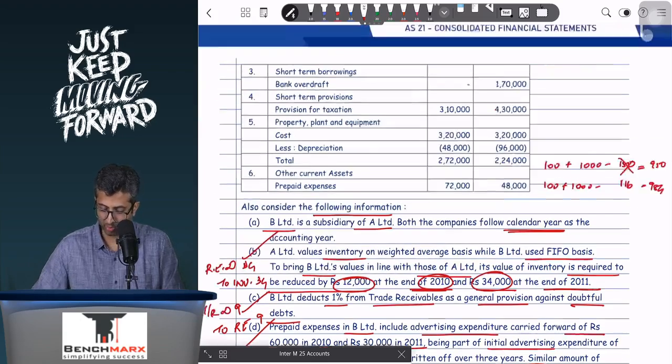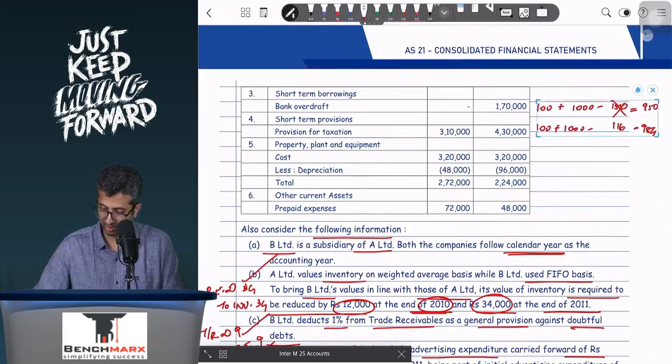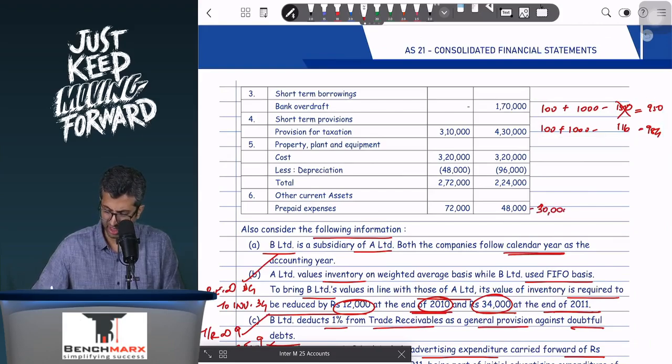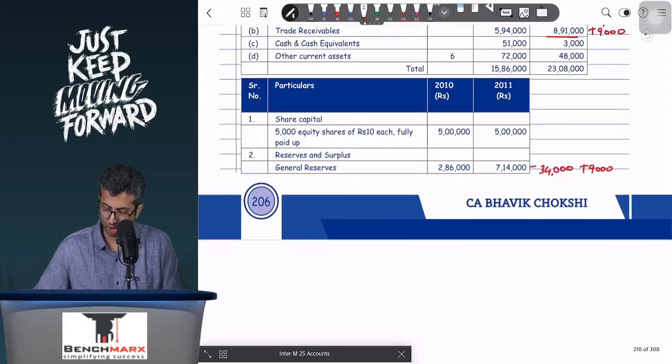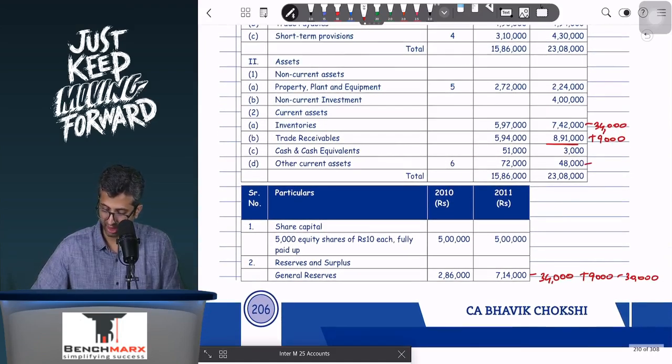So your prepaid expenses will reduce by 30,000 at the end of the year, and your general reserve will also reduce by 30,000, and I guess that should be it.